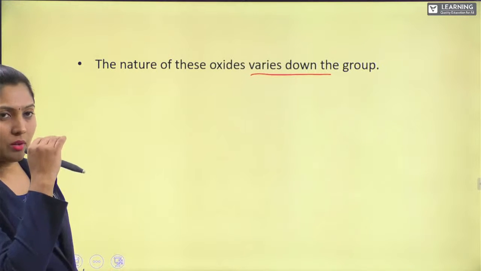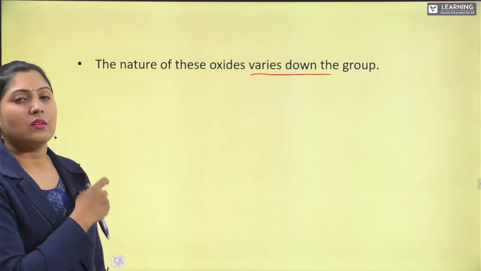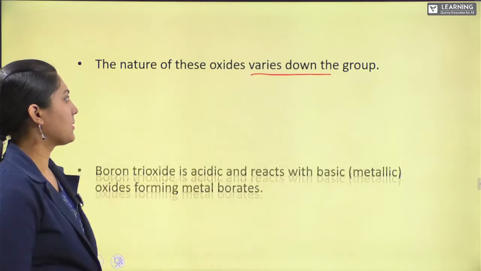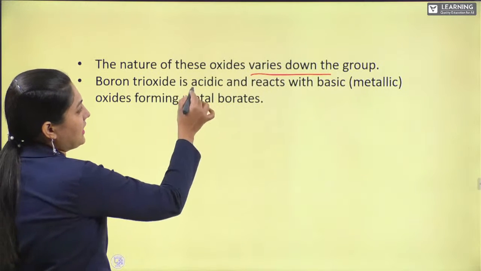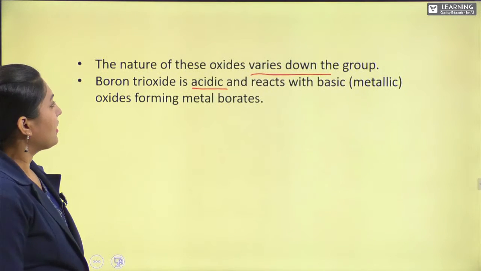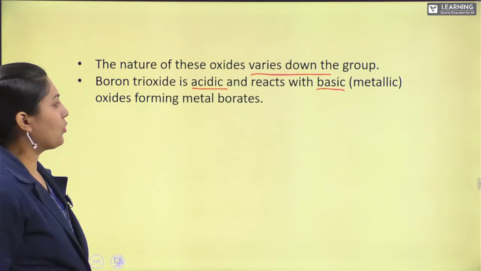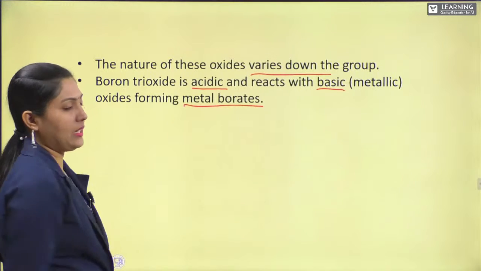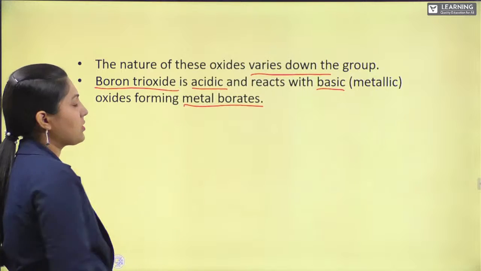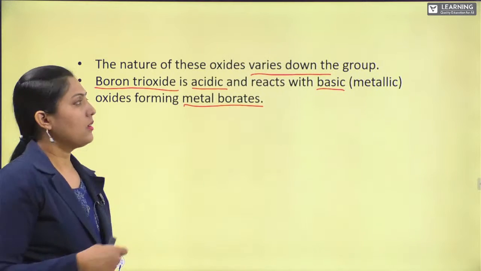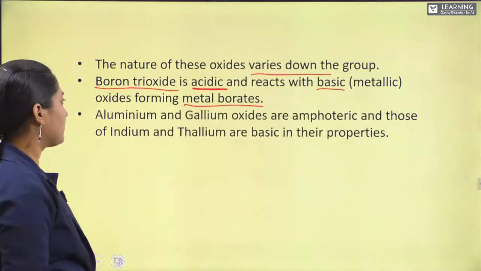So as we go down the group, basicity increases because the metallic character increases. Boron trioxide is acidic and it reacts with basic oxides to form metal borates, as boron is a non-metal.